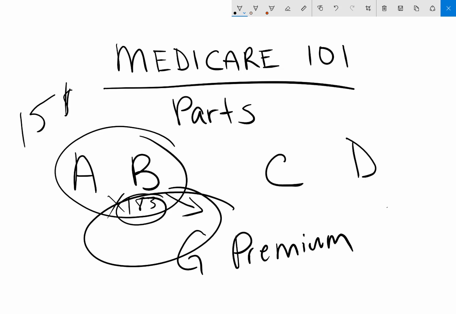And at that point, with the premiums being much more stable than Plan F and not having to worry about the unknowns with the copays and excess charges of Plan N, it's a great middle-of-the-road plan that we suggest at that point. But these are the differences between the parts and the plans of Medicare.